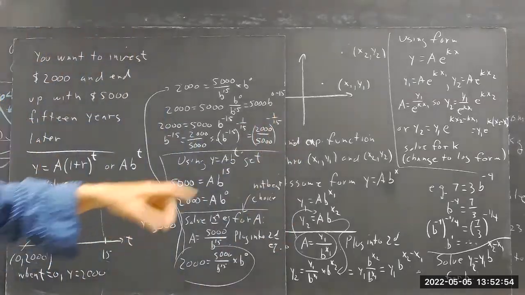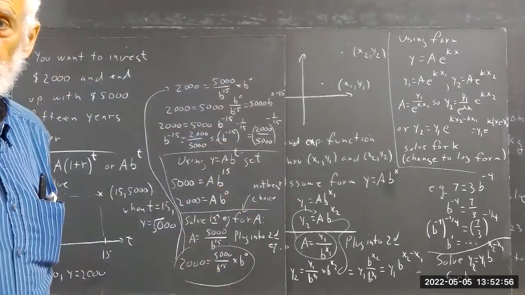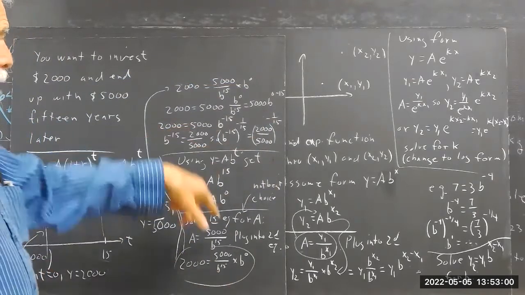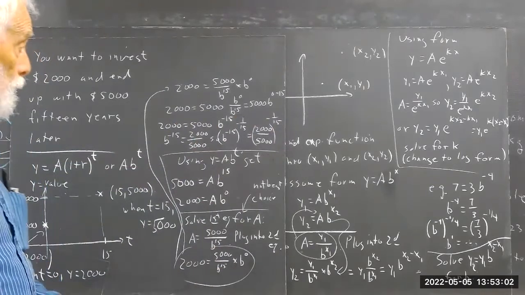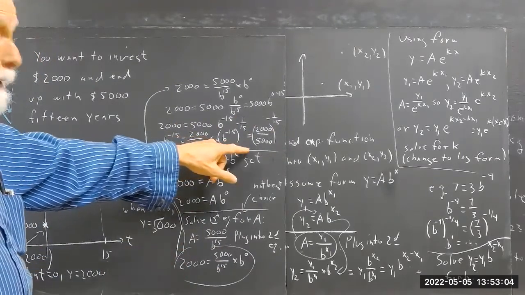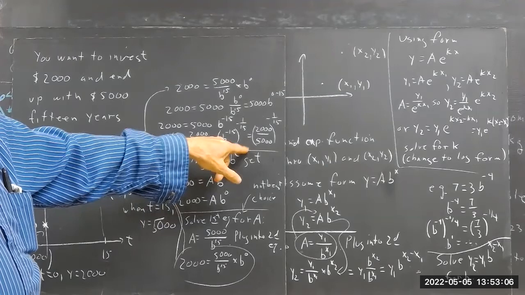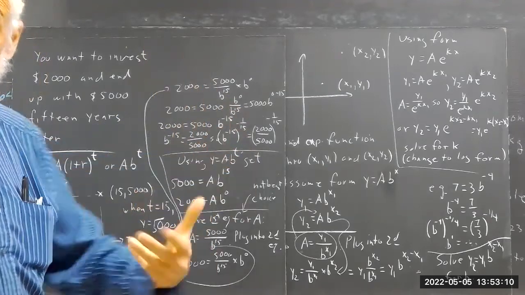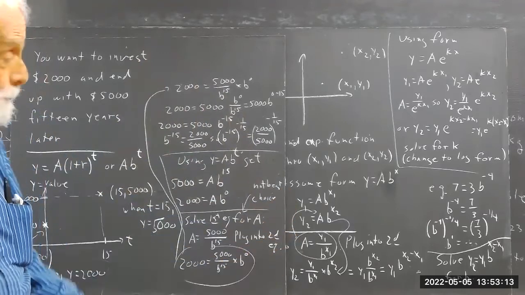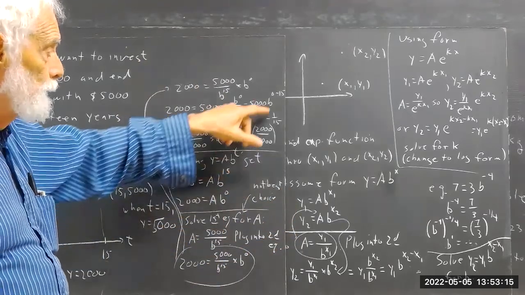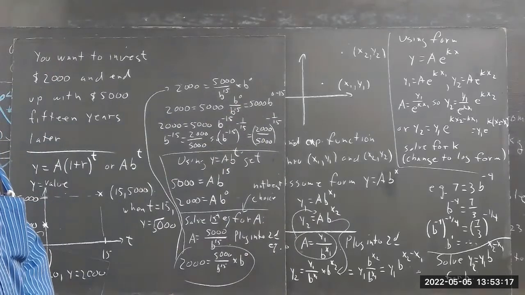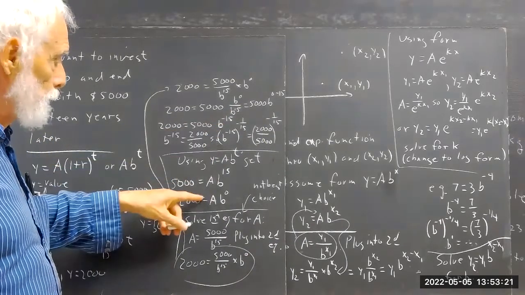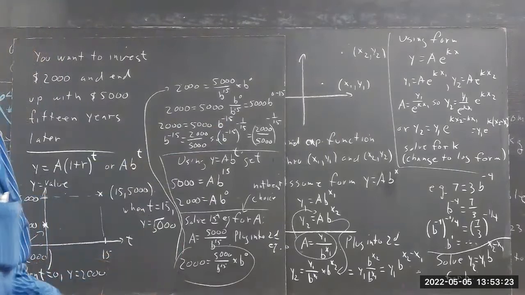You get 2,000 over 5,000 to the negative 1/15th power. Okay. Now 2,000 over 5,000 is the same as 2 over 5, but either way, you see that this is going to give you b, because b to the negative 15 to the negative 1/15th is b to the 1, which is just b. And you take 2/5 to the negative 1/15th power. Okay. Well, then you plug this in for a and go forward.